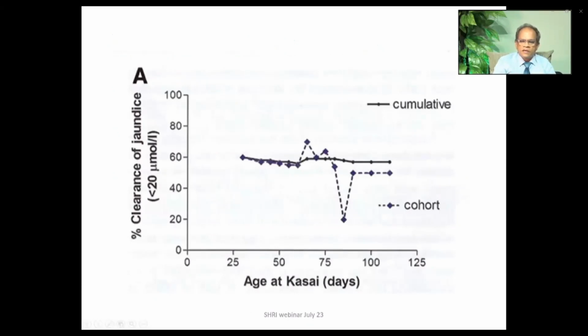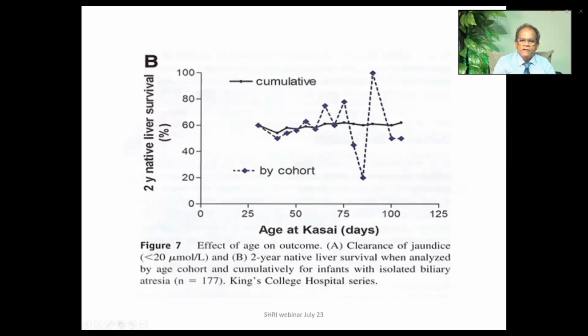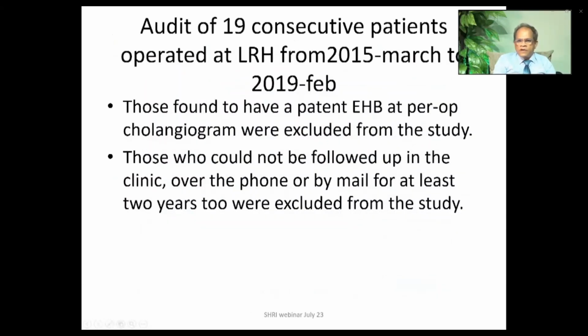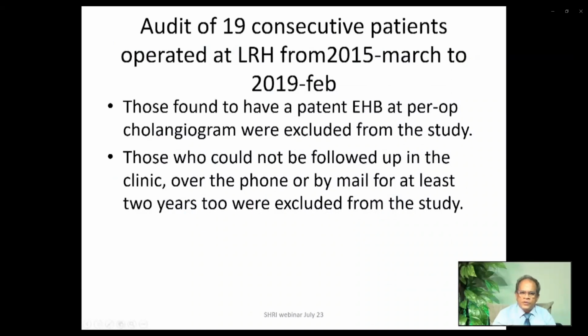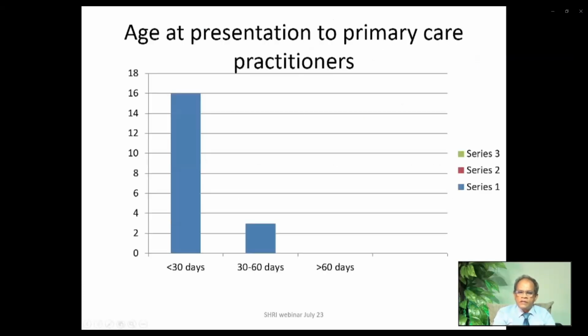Again, the age at Kasai is key. These are some of our results for the Kasai portoenterostomy done between 2015 and 2019, looking at age at presentation. These patients presented to the primary caregivers, the pediatricians and general practitioners. Sixteen out of 19 patients presented before 30 days, and all of them presented before the 60th day.